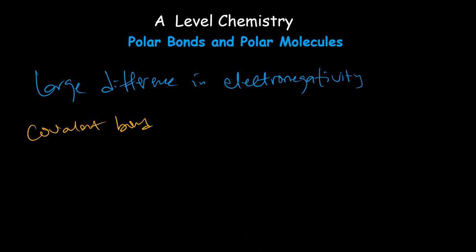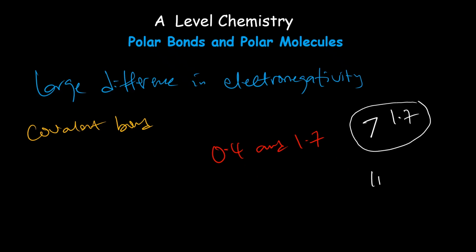If the electronegativity difference is in the range of between 0.4 and 1.7, the bond will be a polar bond. If the value is greater than 1.7, it is no longer a covalent bond, it's ionic bonding.